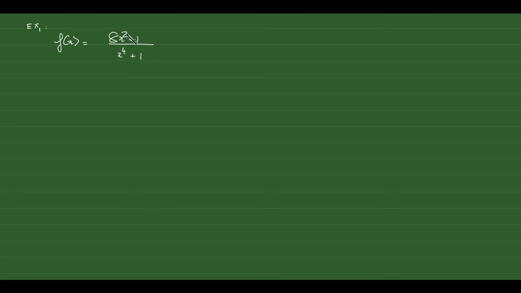So you see that the degree over here is smaller than here. The degree over here is 2, which is smaller than m equals 4. And if it's smaller, what happens? Then y equals 0, which is the x-axis, is the horizontal asymptote. There you go. Because the degree is smaller.